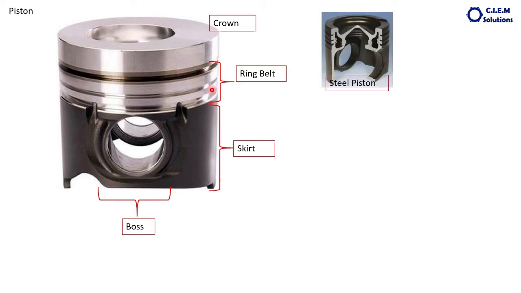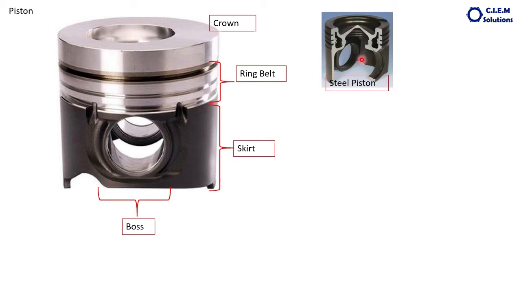When you cut the piston, particularly a diesel engine piston, the top portion of the piston looks hollow inside. This is actually a completely steel piston, and this is called the combustion chamber area. The design of the combustion chamber depends on the model and type of the engine.